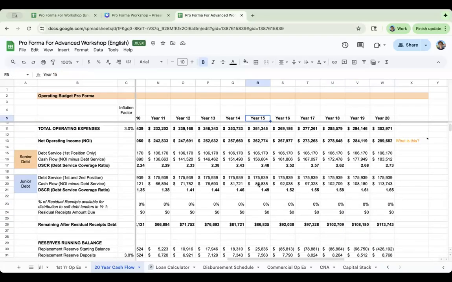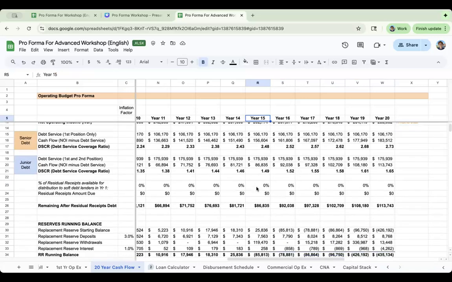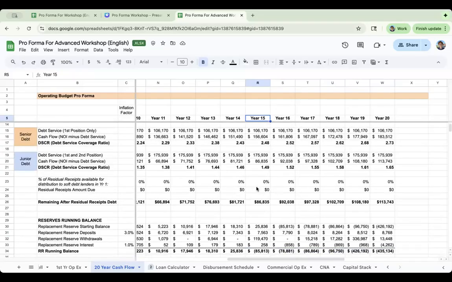In this scenario, we have 2 loans, which I'm not going to go into the details of, but we're in year 15 of the loans, which means if we need more money for the reserves, which I'll just say is very common at year 15, we can refinance the loans. Especially here, we can see the junior debt, which is the second loan we make a payment on. This one needs to be at least 1.15 in our scenarios. And now that it's up to 1.49, we do have a bit of a gap.